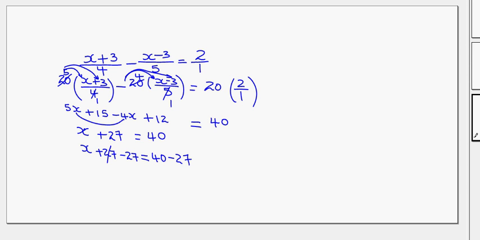So plus 27 cancels out with minus 27 on the left-hand side. So we get x is equal to 40 minus 27, which is 13. Okay, any questions? Clear?